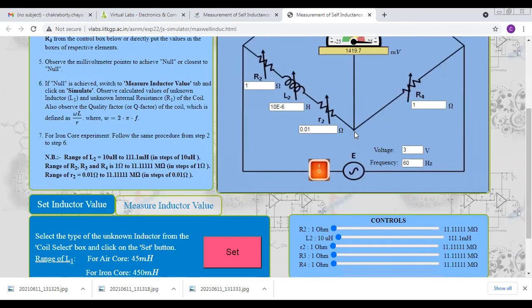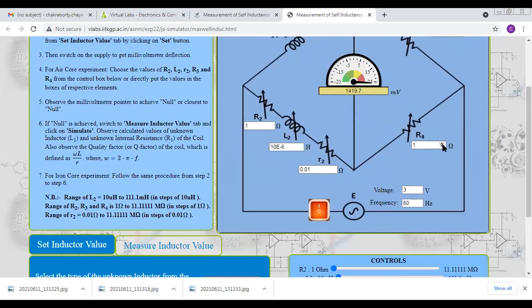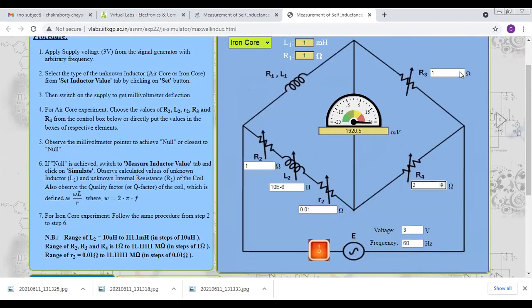So first I am changing, this is R4. Look, nothing is changing. I am changing this also, nothing is changing. Now finally I am changing this.